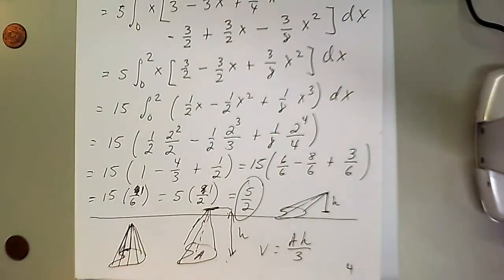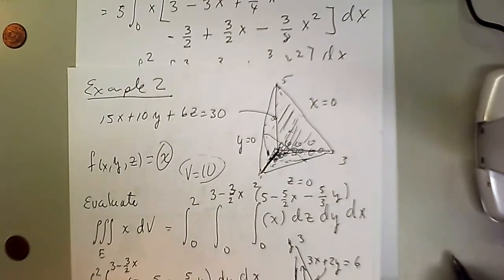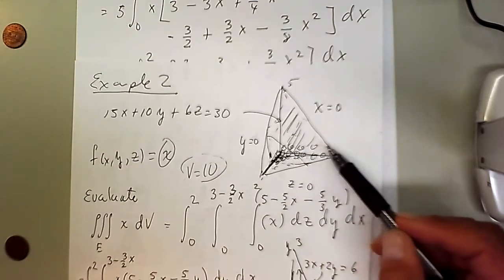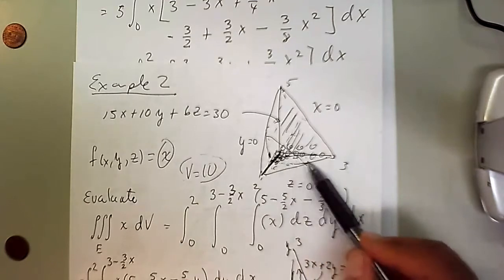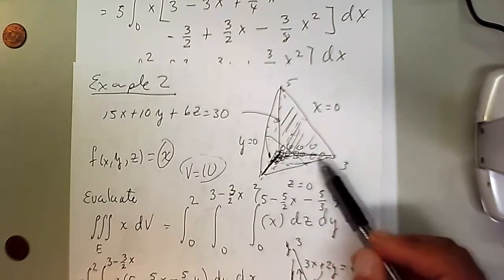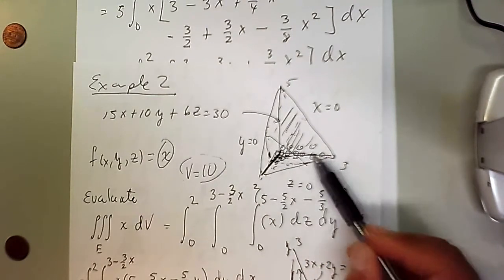The reason why I bring that up is because I did mention that the volume of this is 10. Why? How did I come up with that? Well, look at the area of the base. The area of the base is 2 by 3, 6, divided by 2 because we have a triangle. So the area of this base is 3.